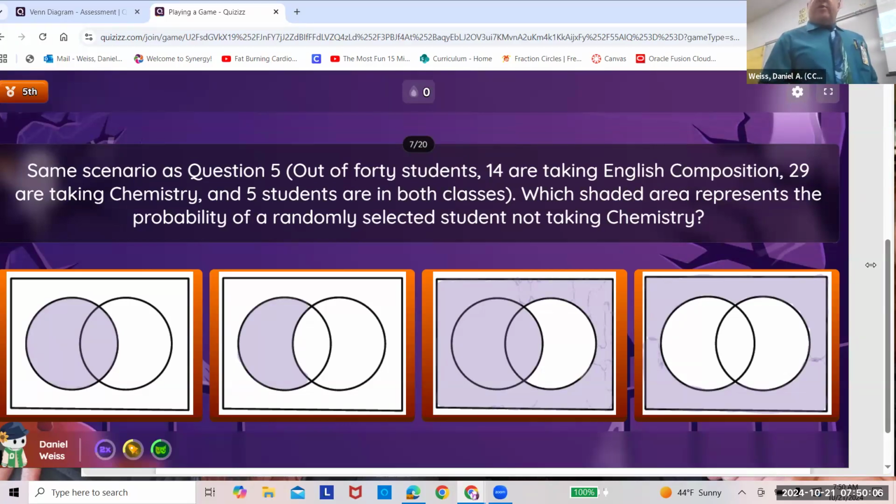Out of 40 students, 14 taking English, 29 taking chemistry, 5 in both. Which shaded area represents the probability of a randomly selected student not taking chemistry? Not taking chemistry. Okay.